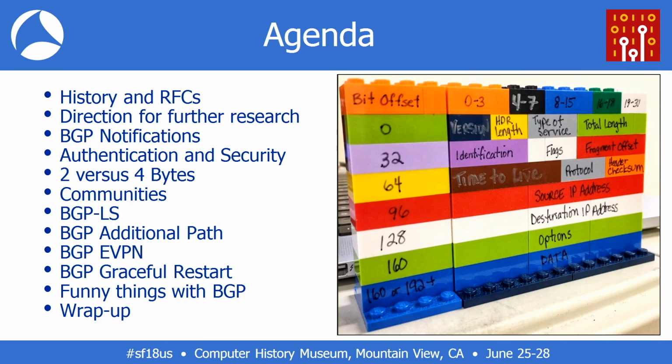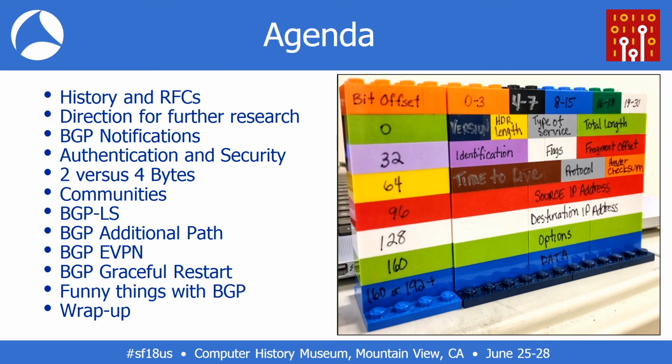Who has seen this picture before, with the Lego bricks? It's the IPv4 header, with the bit offsets and so on. This is layer 3.